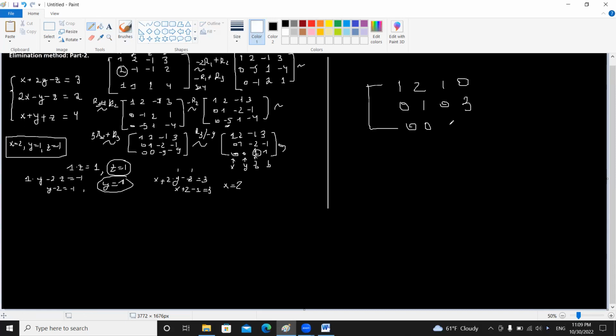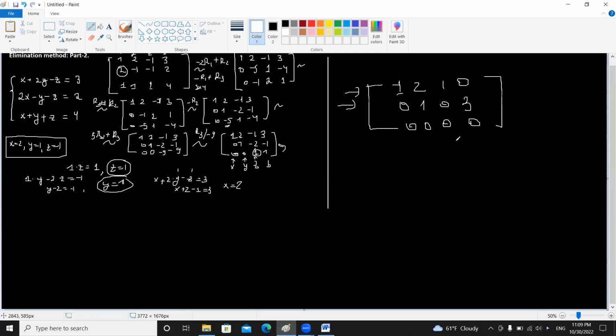We get 0, 0, 0, 0. So the third row is absolutely 0. In this case, what does it mean? It means that here we have got the free variables. So we can use the second and the first row to define these free variables.